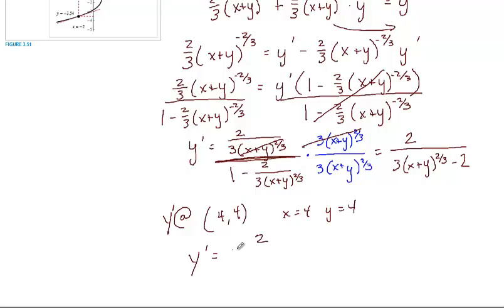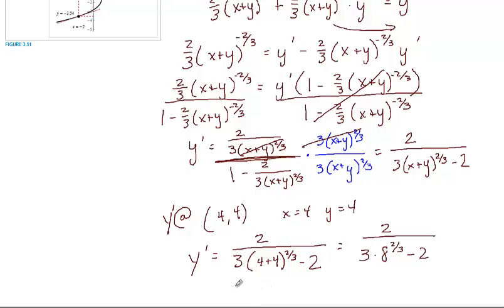So the slope is 2 over 3 times 4 plus 4 to the 2/3 minus 2. It's going to be 2 over 3 times 8 to the 2/3 minus 2. 8 to the 2/3, well, I take the cube root of 8, which is 2, and then square it, and that'd be a 4.